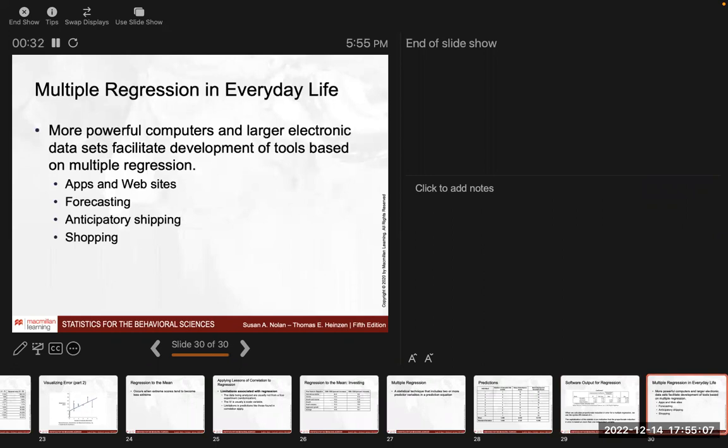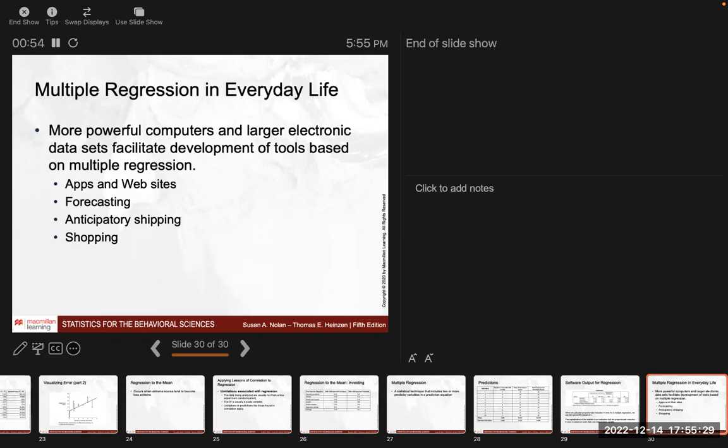It's used on apps and websites. They predict everything that you are interested in. It's forecasting of your shopping behavior. You open Amazon, and Amazon suggests to you, you may want to buy this. I know I used a brand name, I shouldn't do that. But basically, wherever you log in, it will suggest to you that you're interested in something.